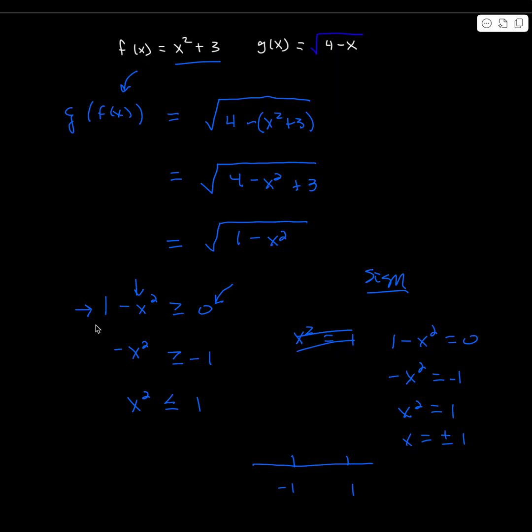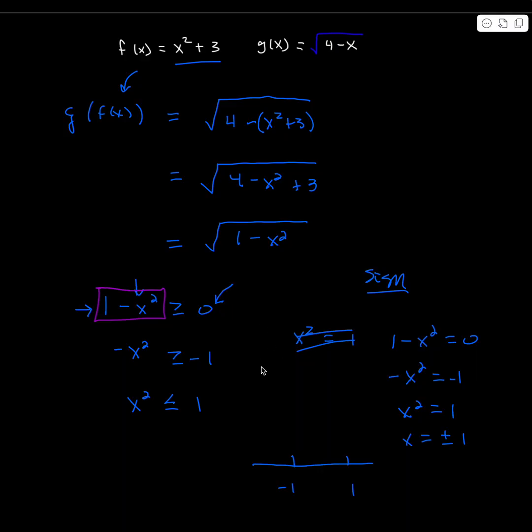So let's just take a look right here, okay? We're going to use 1 minus x squared to help us with our sign diagram, okay? So if I have 1 minus x squared, and I do a test point here, I'm going to have to do something less than -1, so I would choose -2.